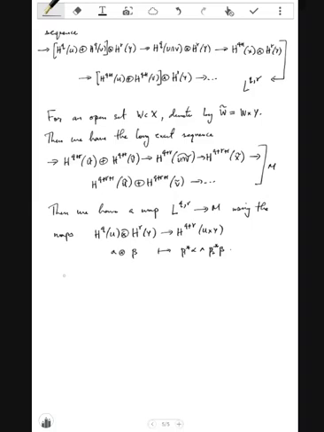So let us check that this map is a map of two long exact sequences.